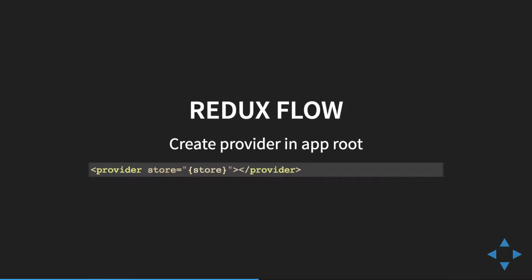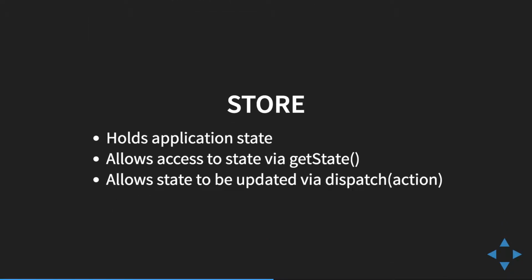In this case, store is the store component within Redux. The store holds the application state. It allows you to access this state via getState, and it allows the state to be updated via a dispatch action.